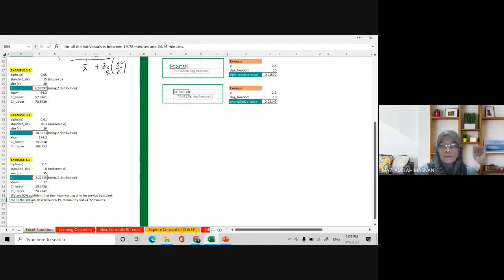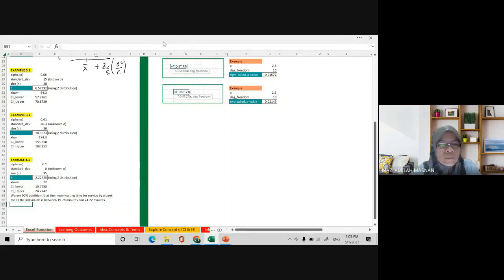So that will be your conclusion for your confidence interval. So you can repeat again for your 90% margin of error. Okay, so that will do for your exercise 3.1.